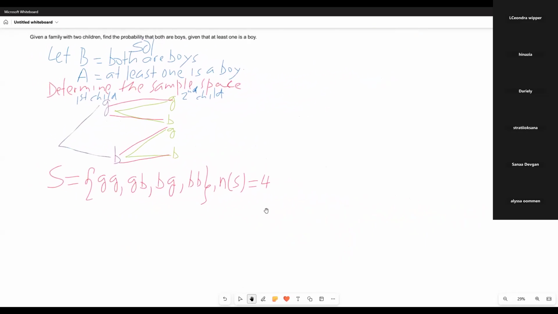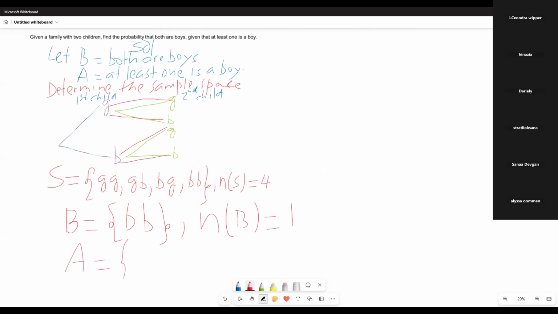Now let's find B. B, both are boys. So that would be BB. Yes or no? Yes. So N of B would be 1. A, at least one is a boy. So what does that mean?